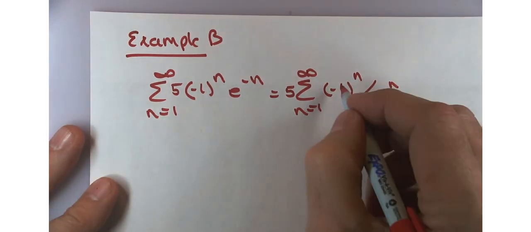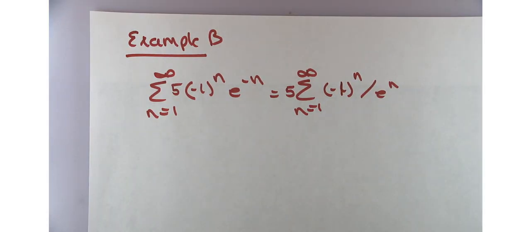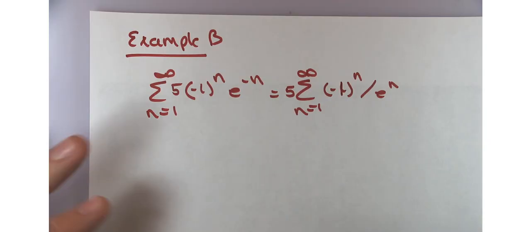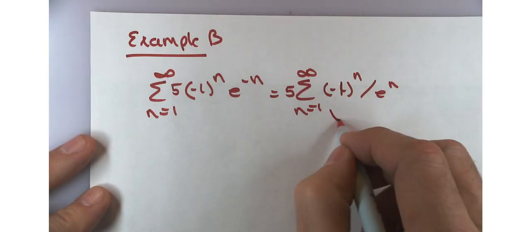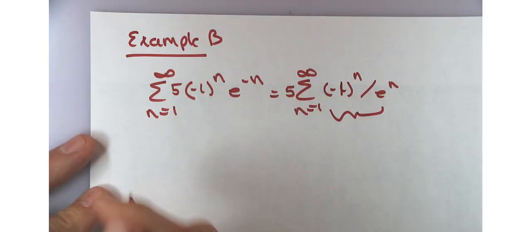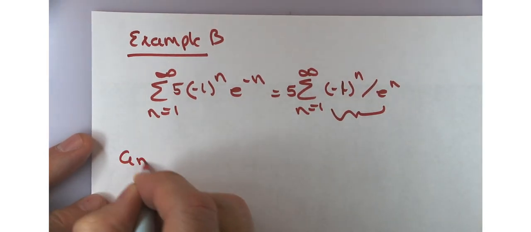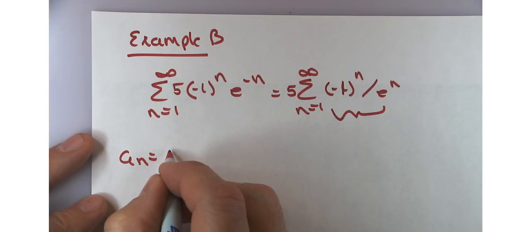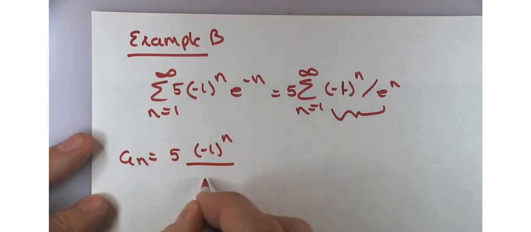It's -1, not an I. Let's take a look and see if this thing is going to converge. So the general term in the sequence, well, the general term in the series, but sequence is the list of terms in that series. The general term, a sub n, is going to be 5 times negative 1 to the n over e to the n.